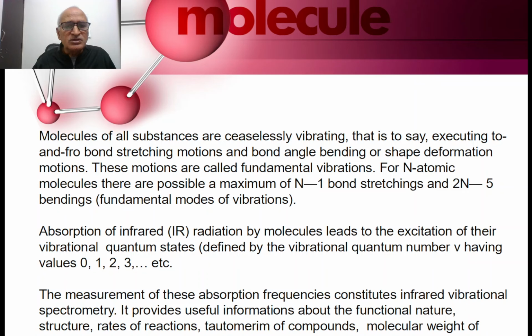It provides useful information about the functional groups present in the molecule, about the structural possibilities, structural fragments, about rate of reactions, about tautomerism of compounds, and also about molecular weight of polymers. More importantly, this infrared vibrational spectrometry is useful to show the identity or non-identity of two samples.